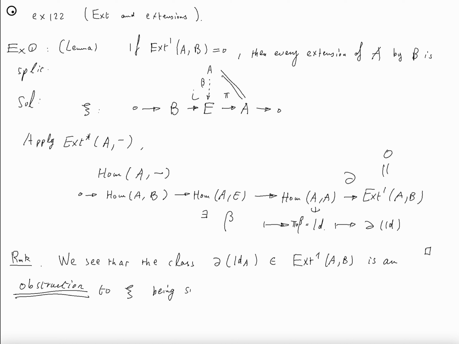Because as you saw, when this is 0, then it splits. But when it's not 0, it's not necessarily split. And so the non-vanishing of Ext^1 is telling you that there are some non-splitting extensions.